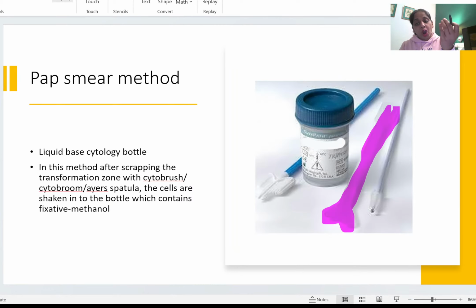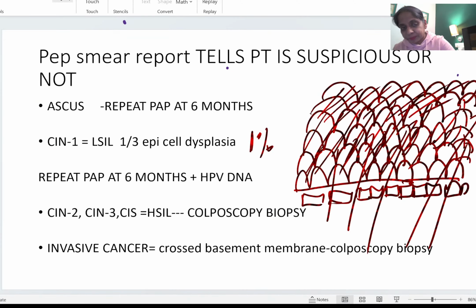There we put all the cervical epithelial cells in a bottle, known as the liquid based cytology bottle. If they give you a broom and brush, it is very easy to take the cervical epithelial cells, and there is no need to make a slide if we adopt this liquid based cytology method.